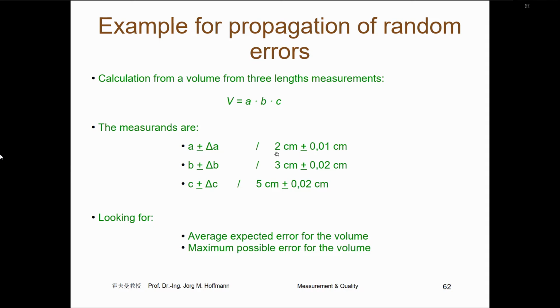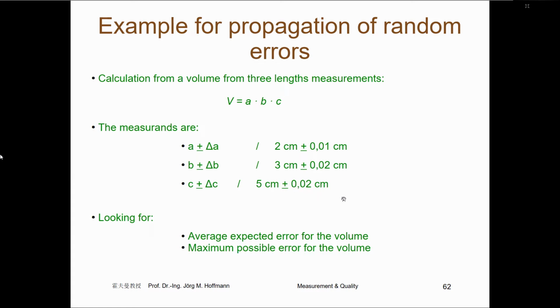And the concrete example is you have measured 2 centimeter plus minus 0.01 centimeter. Then we have the length B plus minus delta B, 3 centimeter plus minus 0.02 centimeter. And C plus minus delta C is 5 centimeter plus minus 0.02 centimeter.